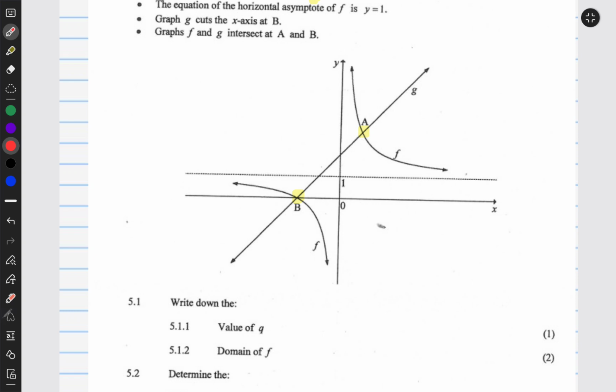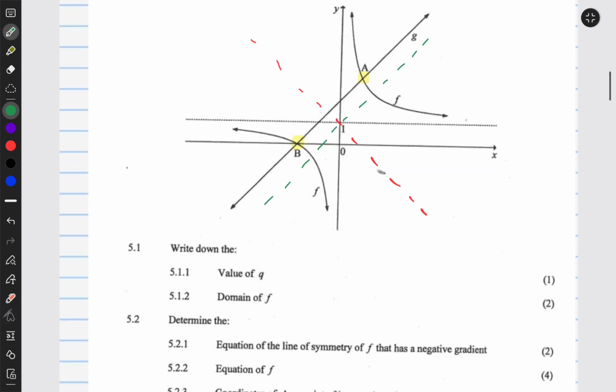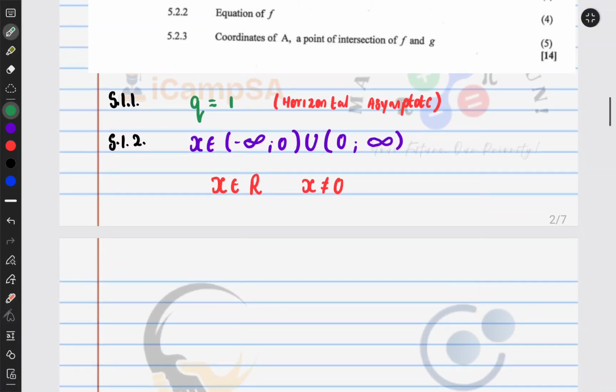So the one we're looking for is this one, which has the negative gradient. If we were also asked to find the other one, it would be this one with the positive gradient.